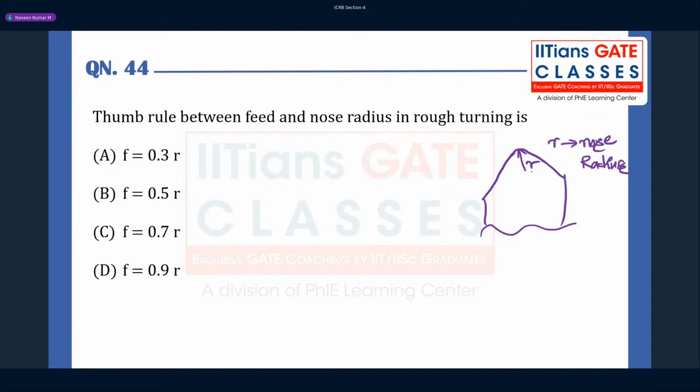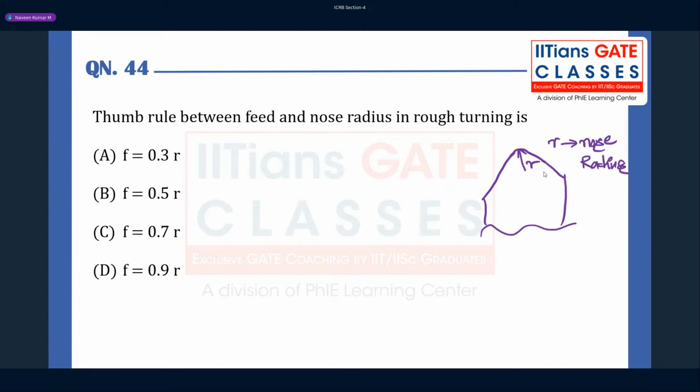So this nose radius should be optimal when you're machining. Why? Because a good, optimal nose radius will reduce the vibration of the machine, will ideally increase the speed of the machining, and surface roughness also will be good if you have an optimal range of nose radius.